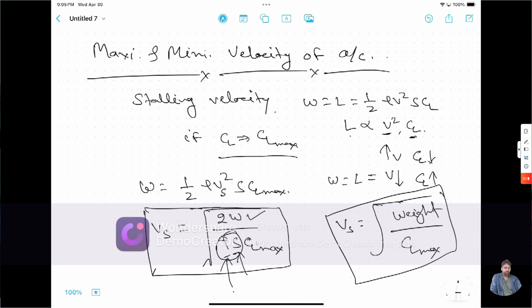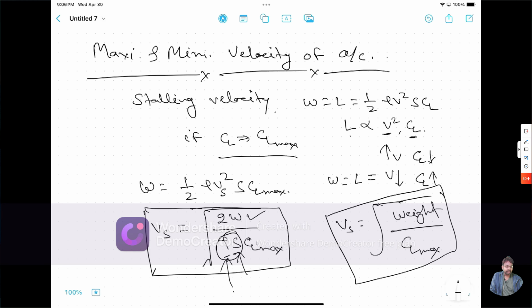CL max is the aerodynamic characteristic of the aircraft. And weight, how much weight, it depends on the flight to flight. So every time the pilot needs to correct the stalling velocity for every flight, provided how much weight he is carrying.